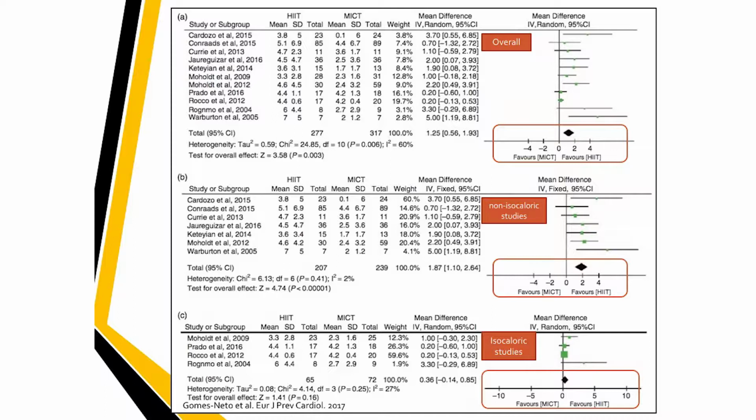And again, it favors high-intensity interval training. Almost every single study that I'll show you has the same feel. It always favors high-intensity interval training. So the top panel is aerobic capacity overall, all the studies looked at in this particular study.